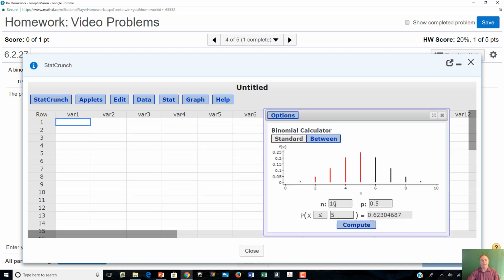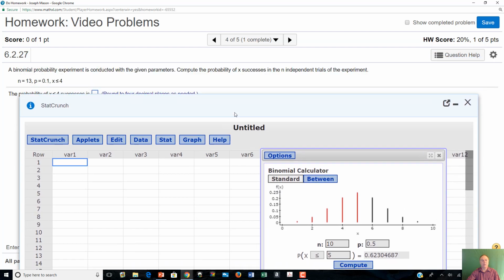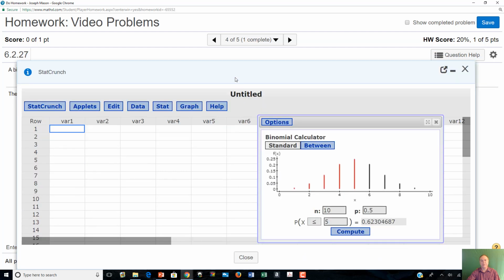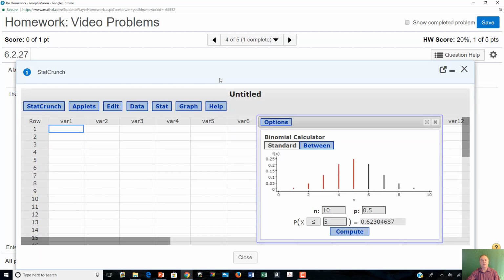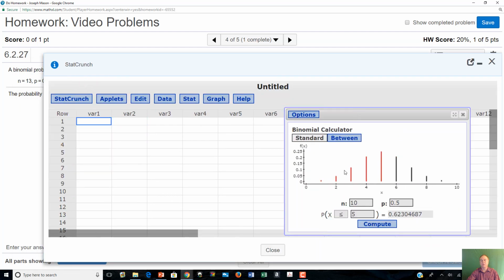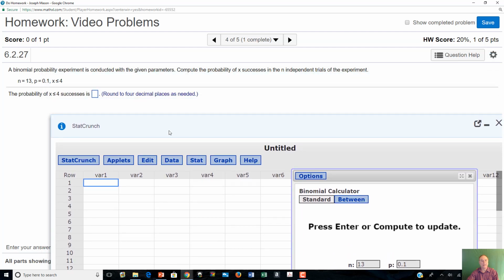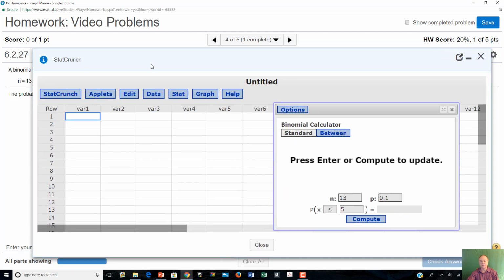My n value for this problem was 13. My p value was 0.1, if I recall. And I wanted less than or equal to 4.